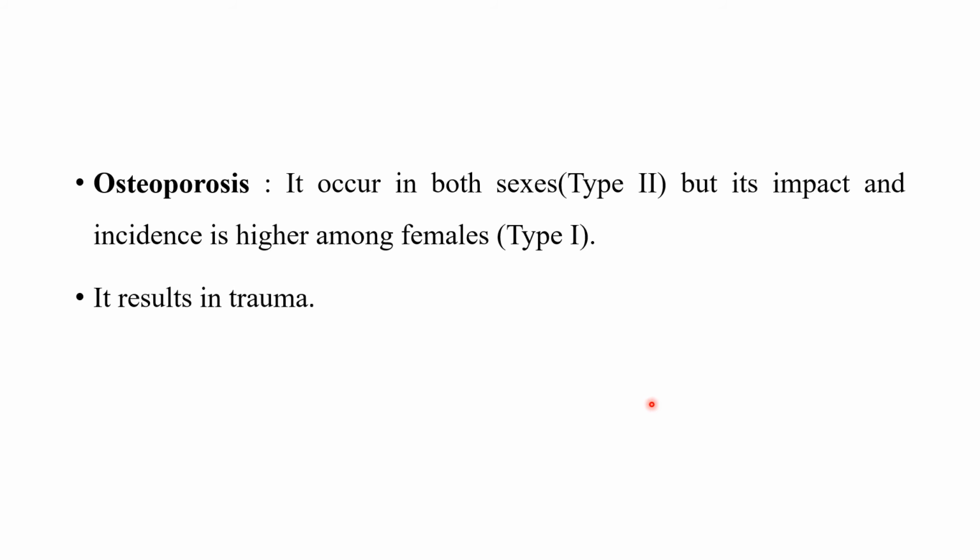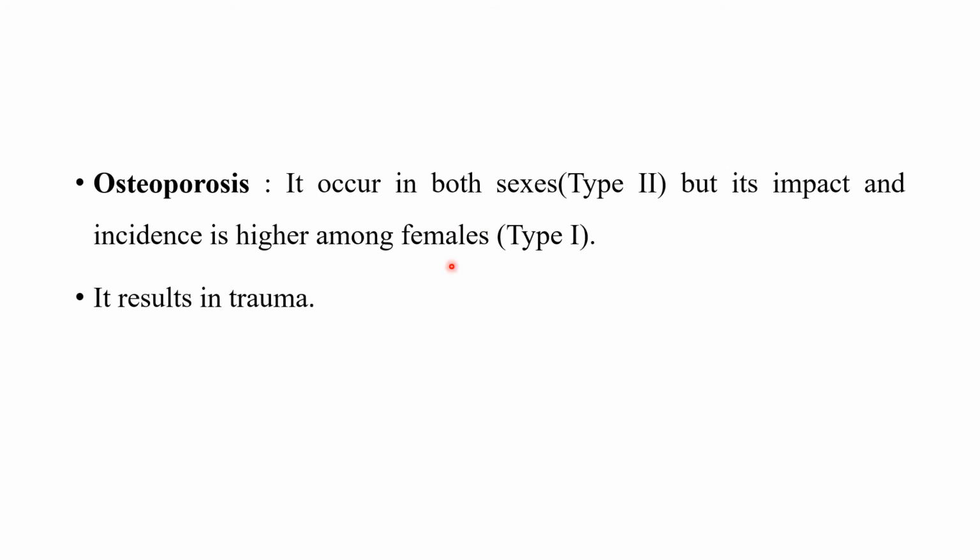Then osteoporosis. Actually, osteoporosis is a disease that affects both the sexes, male as well as female. But its impact as well as incidence is higher in females as compared to males. Okay, so in type 2 osteoporosis, there will be decrease in the calcium content of the bone.